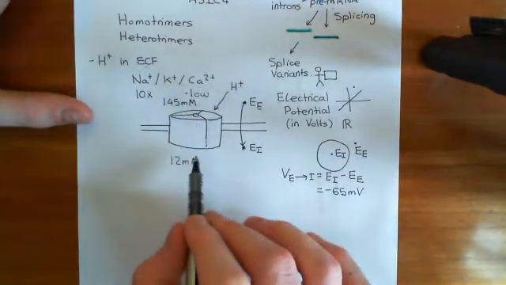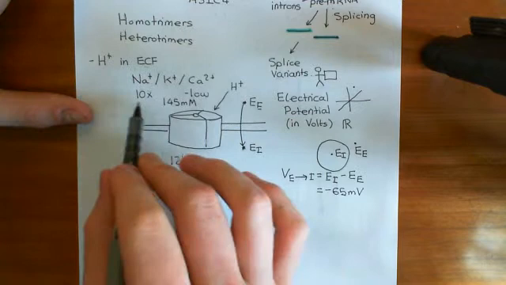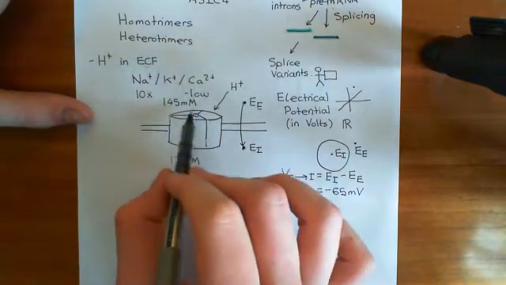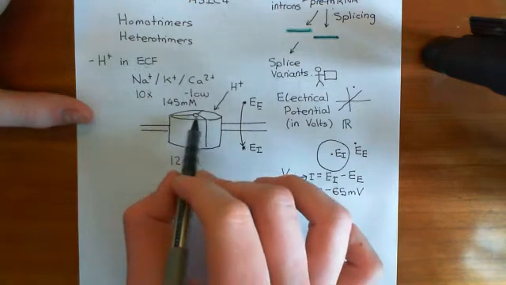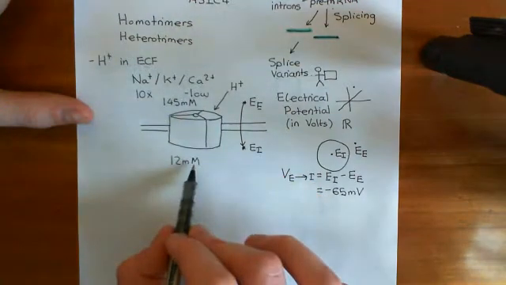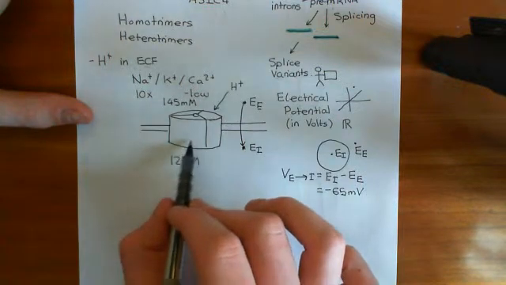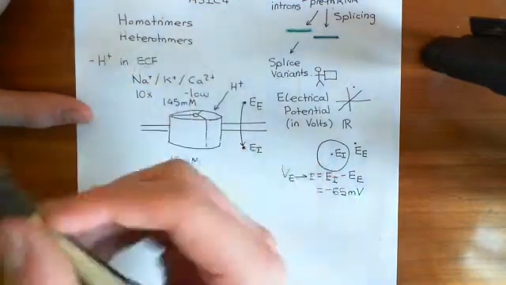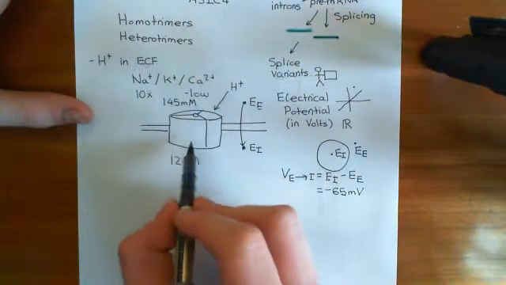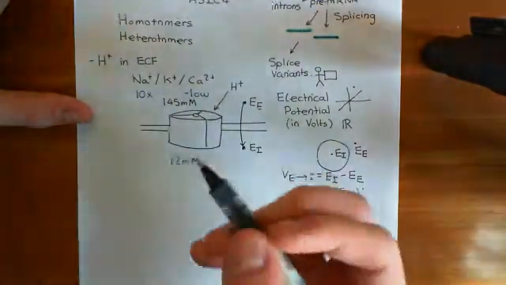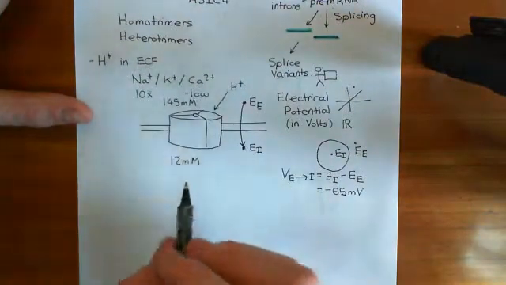That favours the movement of sodium into the cell, simply because a sodium ion on the extracellular side is 12 times more likely to hit the channel from the outside and go in than a sodium ion on the inside is to hit the channel from the inside and go out. So that favours the movement of sodium ions in.